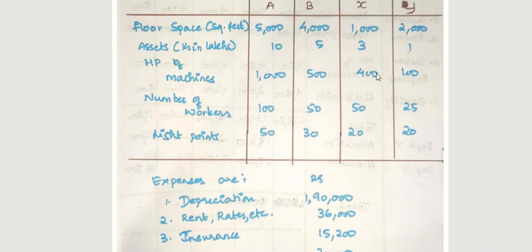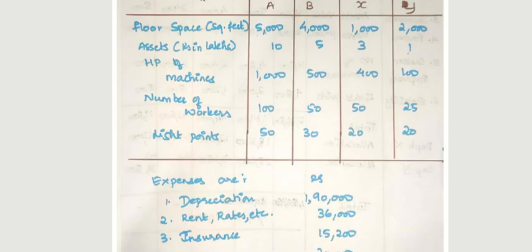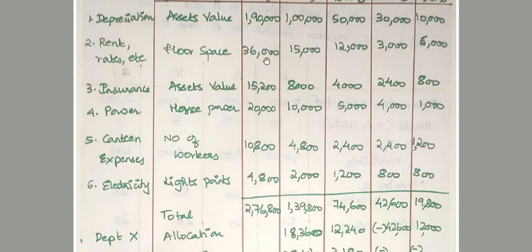So based on that ratio, if you apportion, you'll get the amounts to be 1,50,000, 30,000 and 10,000. Rent and rates is your second expense. Rent and rates will be apportioned based on floor space, which is 36,000 as your total amount of rent and rates. So which will be apportioned as 15,000, 12,000, 3,000 and 6,000.